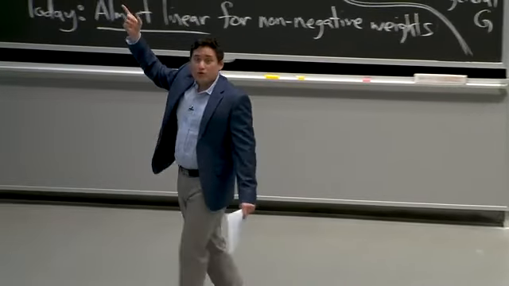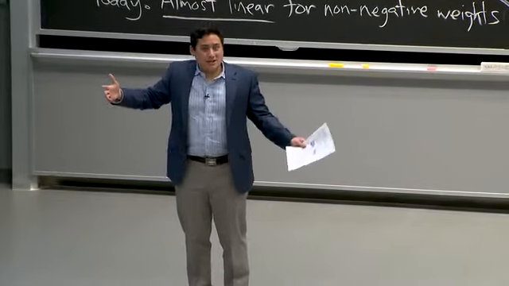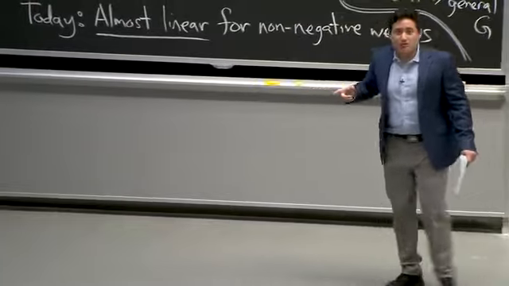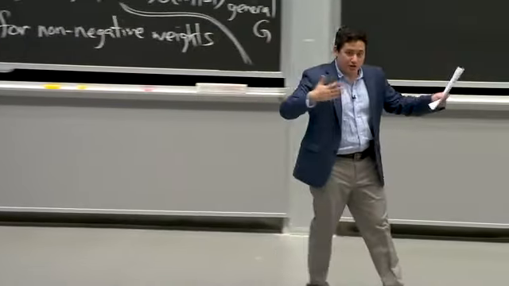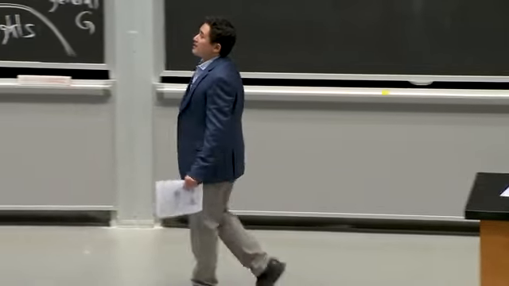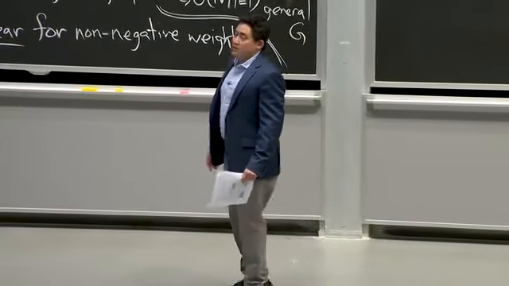Now that's only good for positive weights and if the sum of your weights is small. But if the sum of your weights is linear in the combinatorial size of your graph, V plus E, then we can get a linear time algorithm to solve weighted shortest paths using breadth first search.